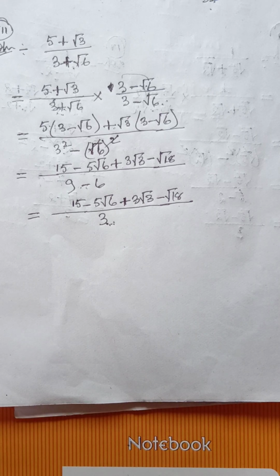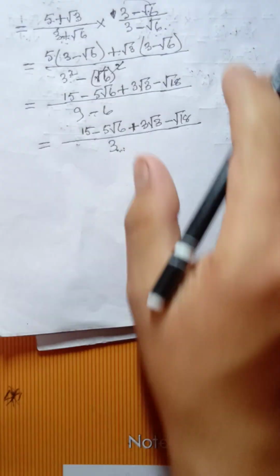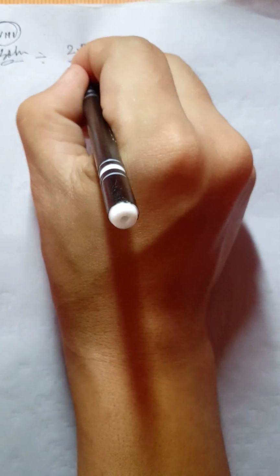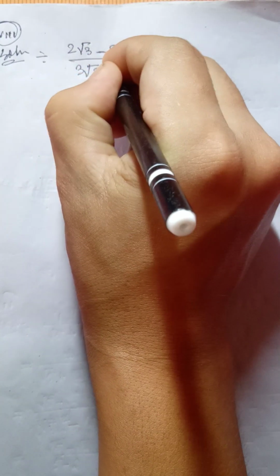Then let us proceed to the next problem, that is Roman number 8. Okay, what do we have in Roman number 8? In Roman number 8 we have 2 root 3 minus 3 root 2 divided by 3 root 2 plus 2 root 3.